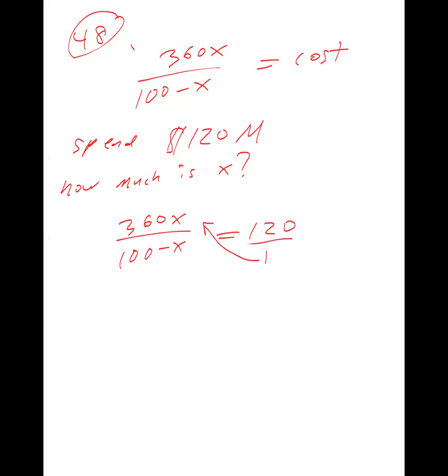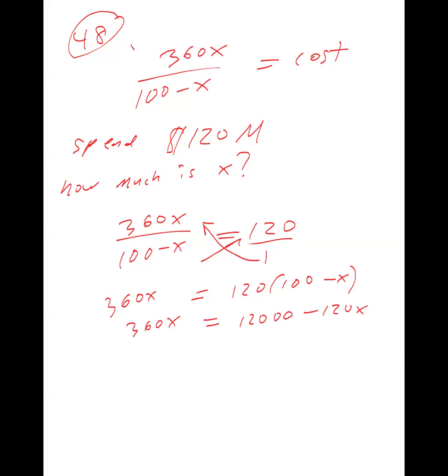So do the top of the left times the bottom of the right, and then the top of the right times the bottom of the left. There we go. Perfect. So then we distribute this. There we go. 360x equals 12000 minus 120x.